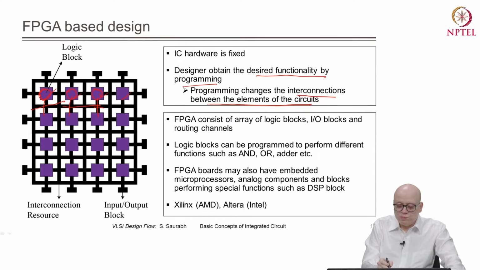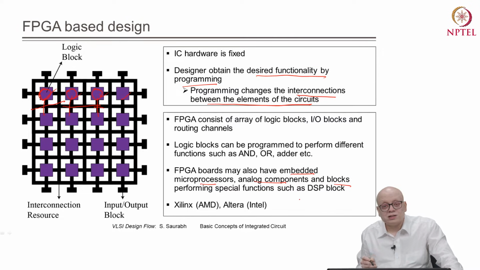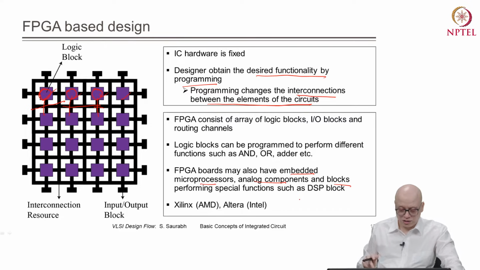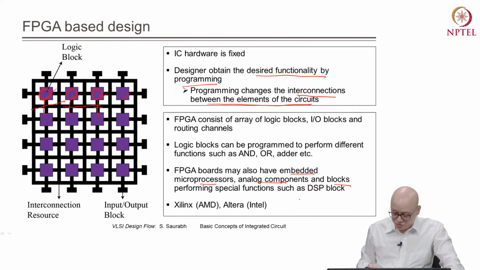FPGA boards may also have embedded microprocessors, analog components, and blocks for performing special functions such as DSP blocks. The most popular are Xilinx or AMD FPGA boards, and Altera or Intel boards, which are typically used in the semiconductor industry.